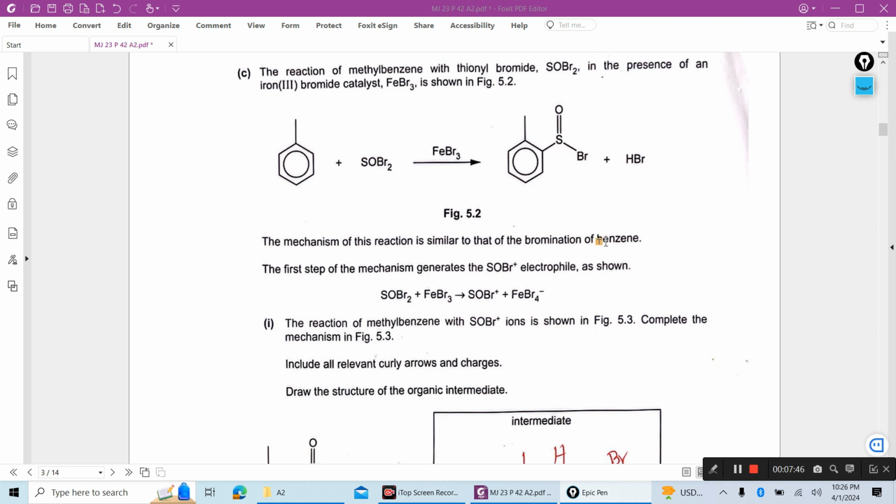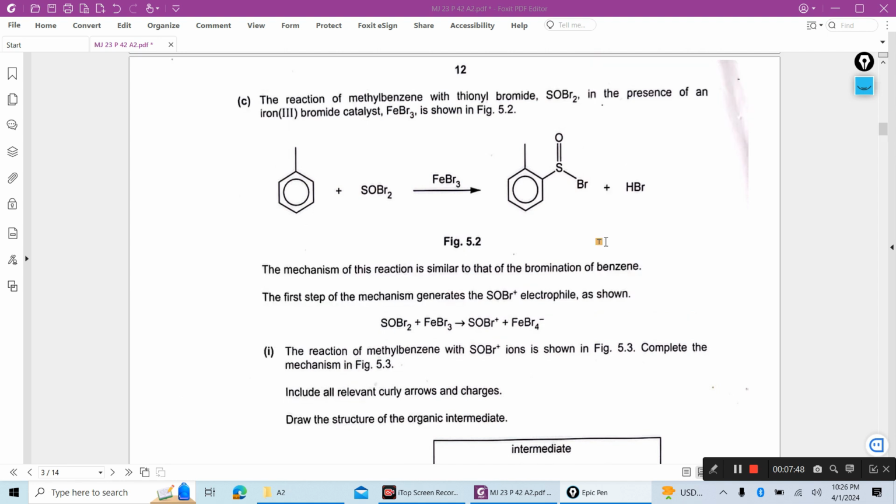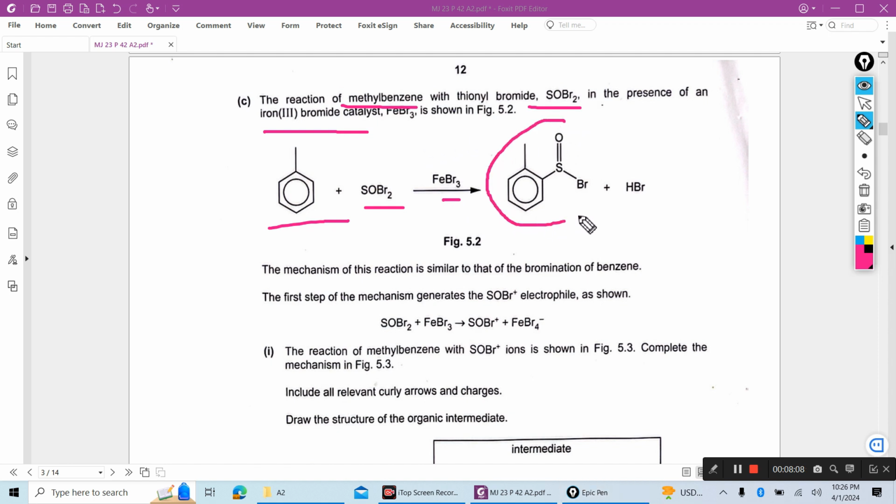Next, methylbenzene reacts with thionyl bromide, SOBr2, in presence of an iron(III) bromide catalyst. The product is methyl thionyl bromide and hydrogen bromide.